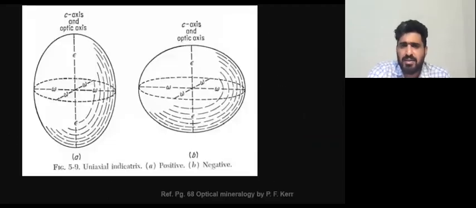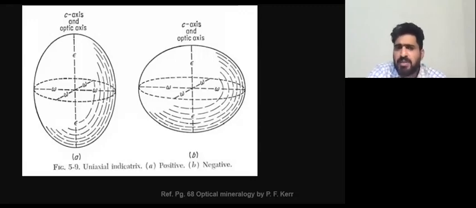Today in this lecture, we will see the indicatrix, where we have seen that the uniaxial indicatrix is an ellipsoid that has two axes. That is why it is called a biaxial ellipsoid. An indicatrix is nothing but an imaginary shape which is formed based on the refractive index of a mineral.